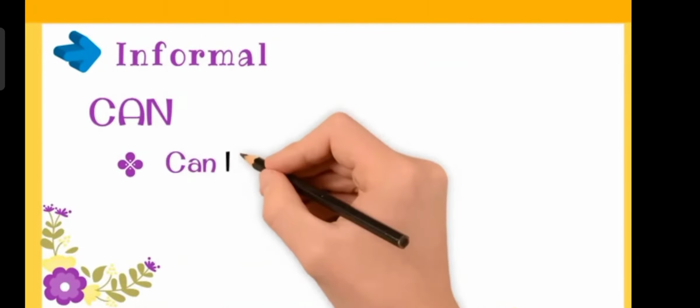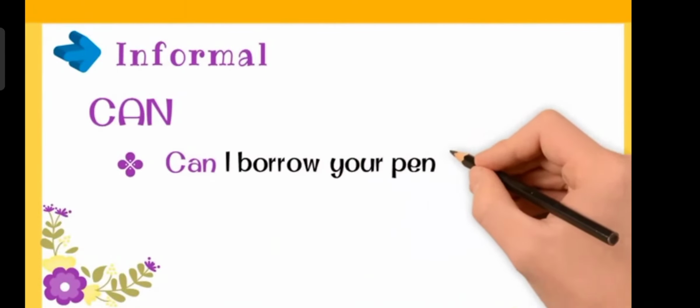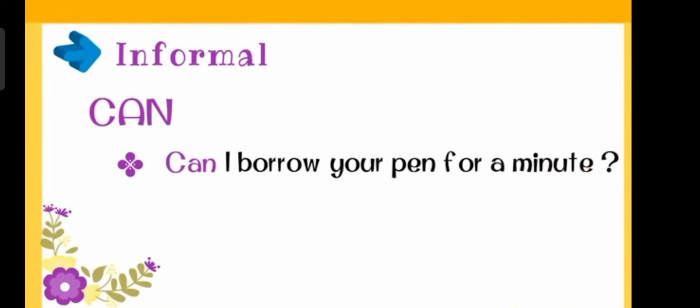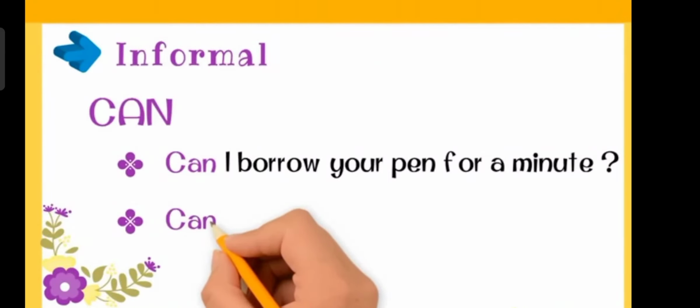The first one, that is informal. We use the word can. And let's see now its example. Can I borrow your pencil for a minute? You're asking in an informal way.